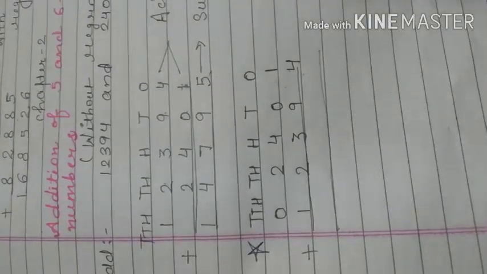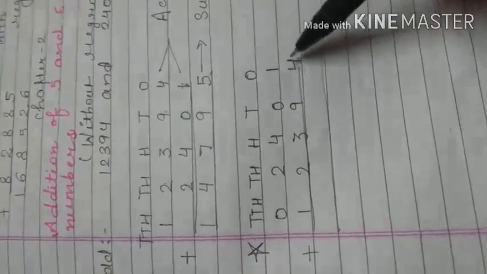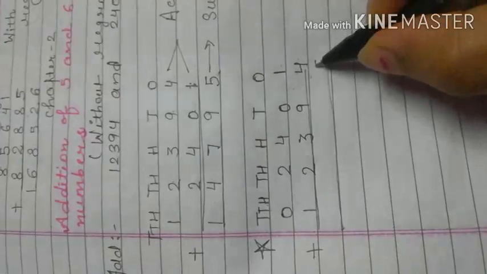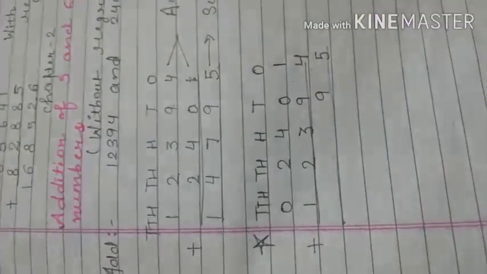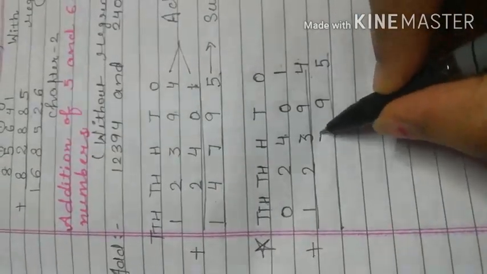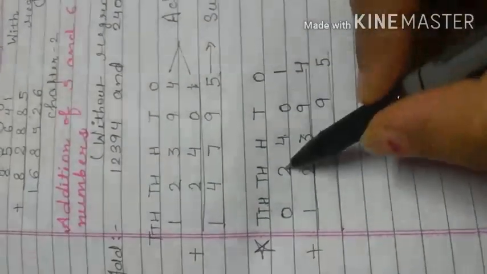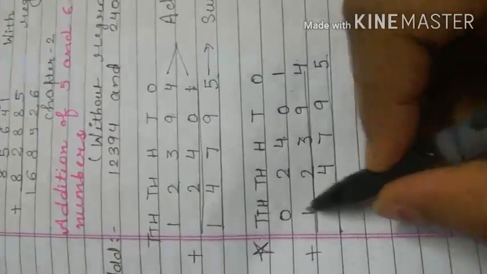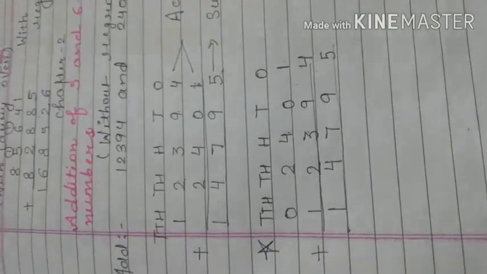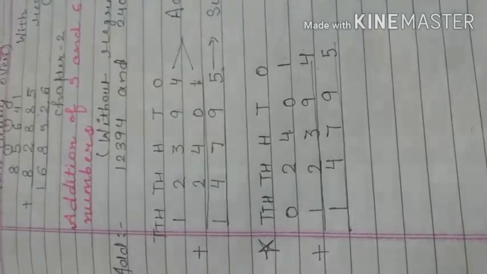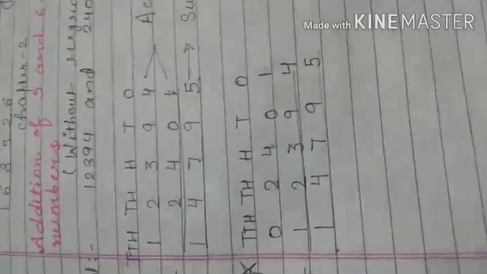Now let us see what will be the result of this. 4 plus 1, 5, 9 plus 0, 9, 4 plus 3, 7, 2 plus 2, 4 and 0 plus 1, 1. Means even after changing the order of the addends, our sum is same.